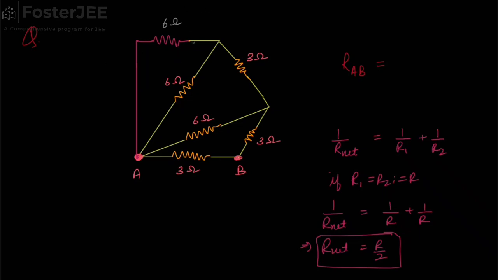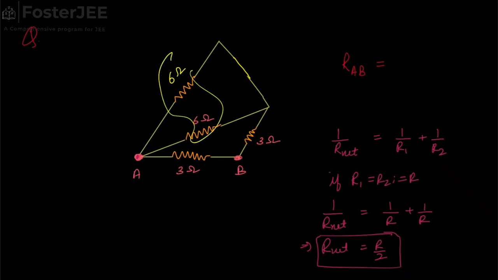So, we can replace both these resistors with one resistor of 3 ohms, that is 6 upon 2. Again, we can see these two resistors are in series. So, we can replace both the resistors with a single resistor of 6 ohm.